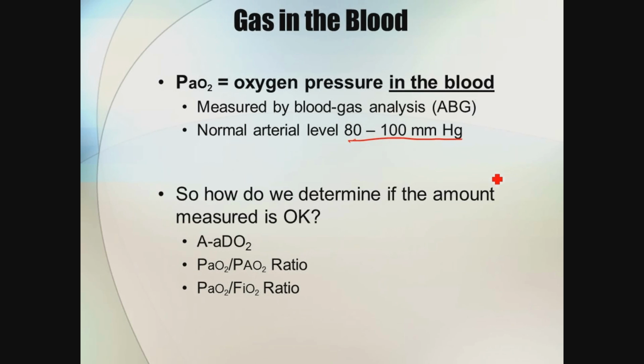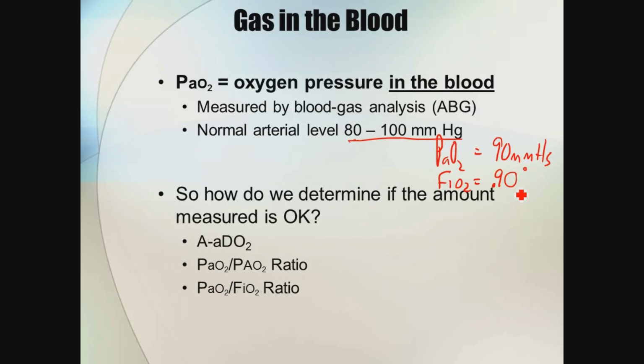What if I told you the PaO2 is 90 millimeters of mercury? What do you think about that value? It's normal. What if I told you the FiO2 that was needed to accomplish that was 0.9, 90%.